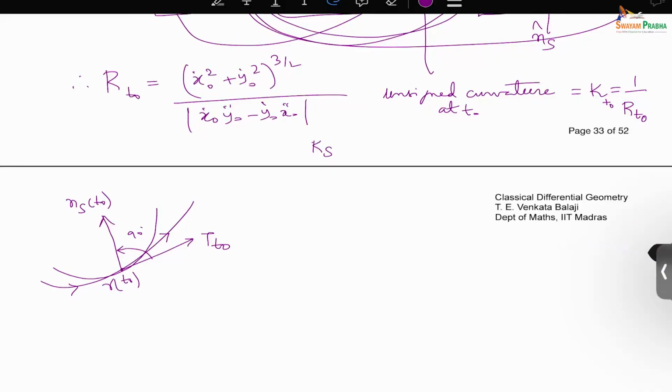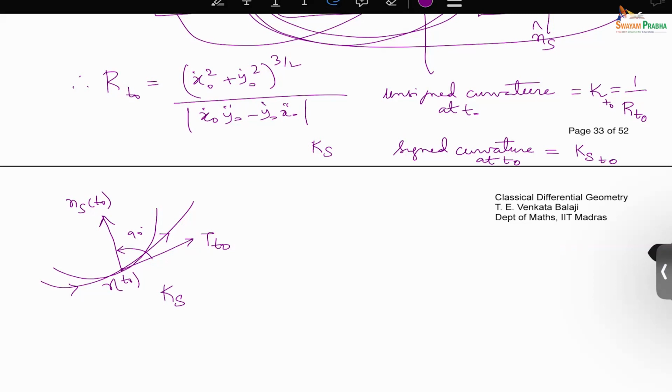Here, the signed curvature at t naught we are going to define to be Ks(t naught). What is the definition of signed curvature? It is written in such a way that this sign problem is fixed.